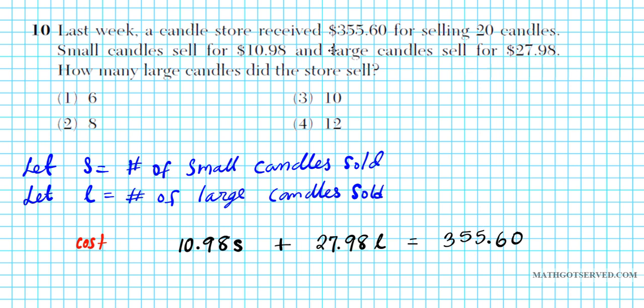Now let's go into the quantity equation. Quantity is pretty straightforward. The total number of small candles sold, S, plus the total number of large candles sold, L, is equal to the total number of candles sold, which is 20. So there goes our system of equations, using the cost formula, unit price times quantity, and the quantity formula.